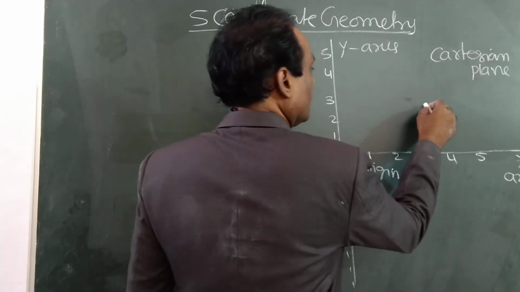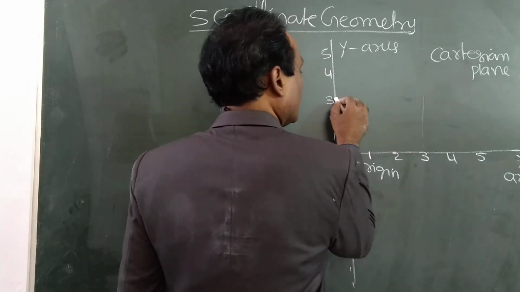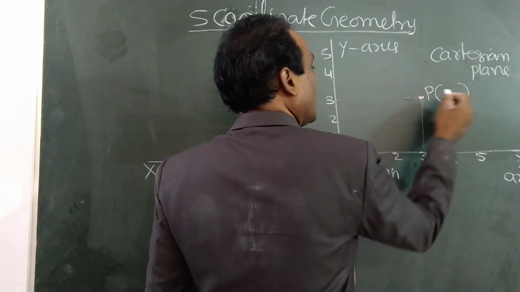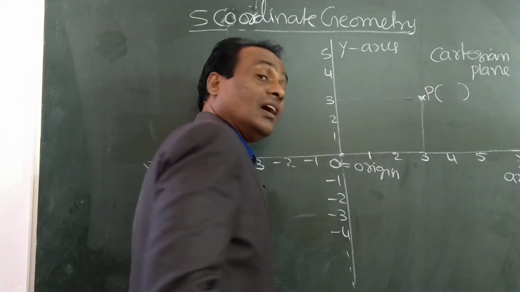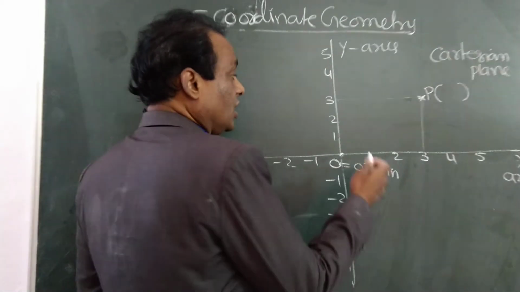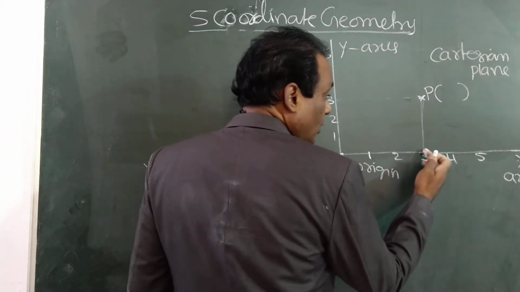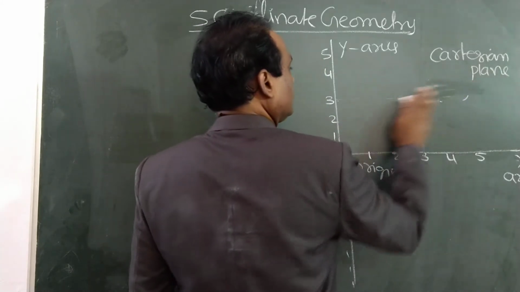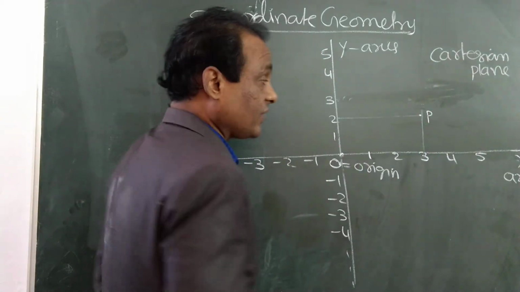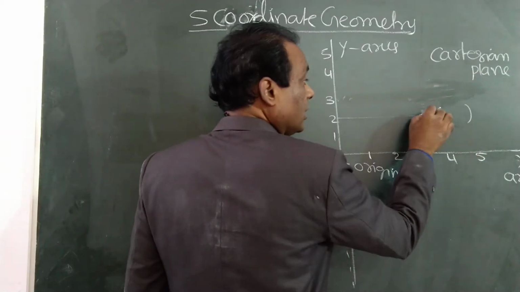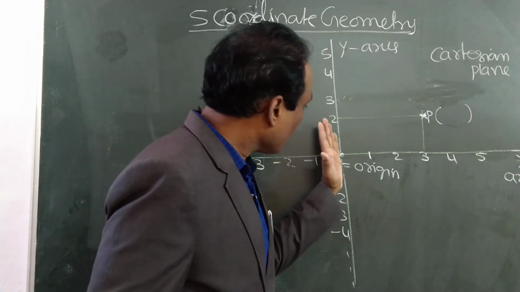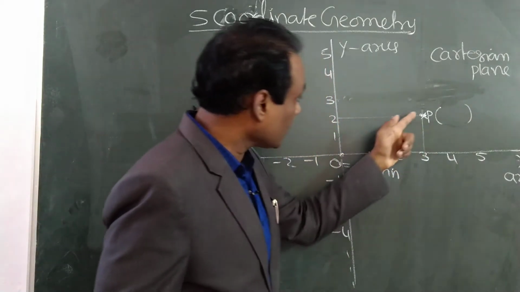For example, suppose this is a point P. I want to name this point with reference to these axes. What is its distance from the y-axis?